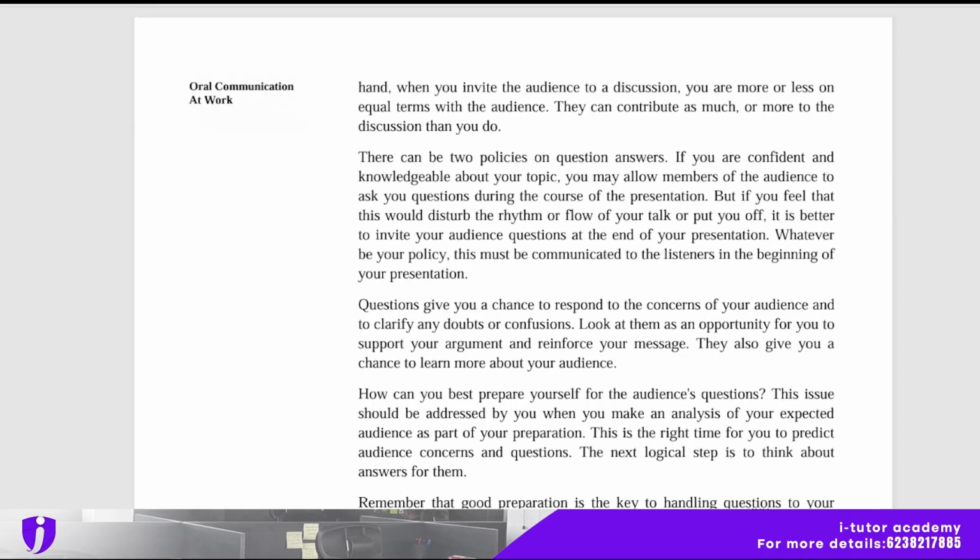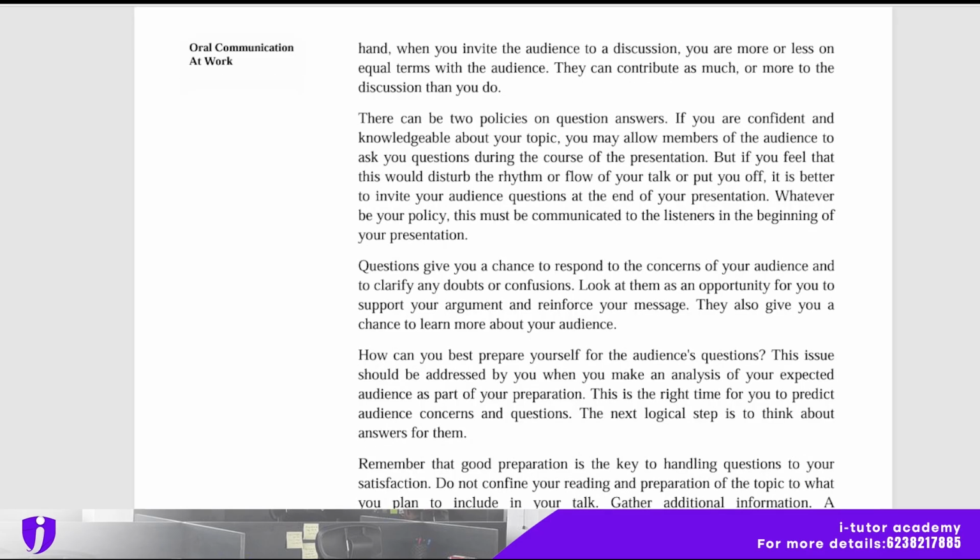On the other hand, when you invite the audience to a discussion, you are more or less on equal terms with the audience. And there can be two policies on question answer. If you are confident and knowledgeable about your topic, you may allow members of the audience to ask questions during the course of the presentation.